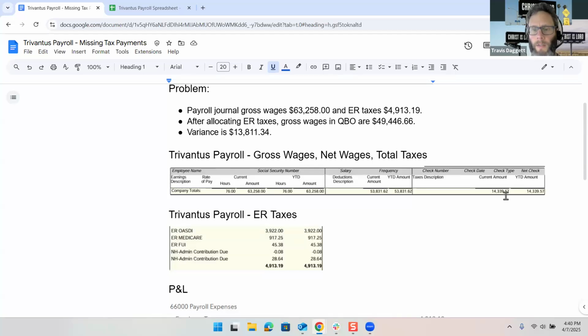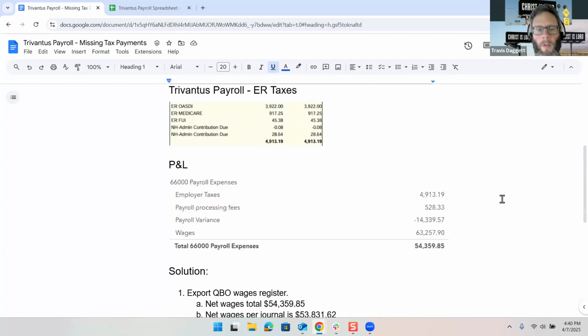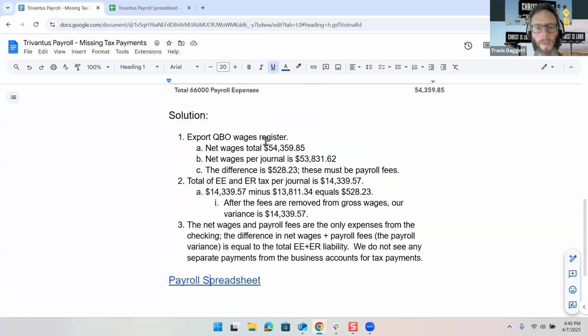Okay, so once we take care of the fees, the difference is the total taxes. So the conclusion there, let's walk through this. The net wages total we talked about for the journal, the difference we put to fees, the total taxes for the journal, and that's exactly our variance now after the fees.